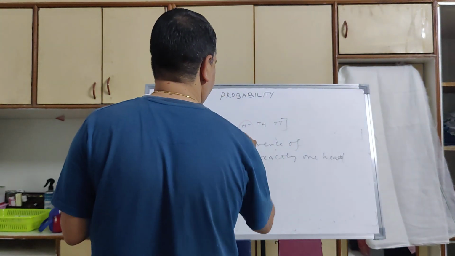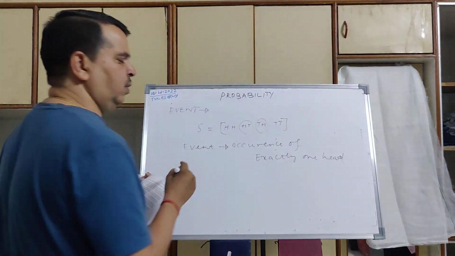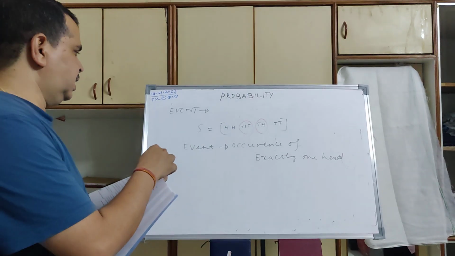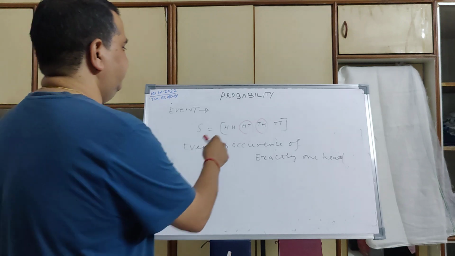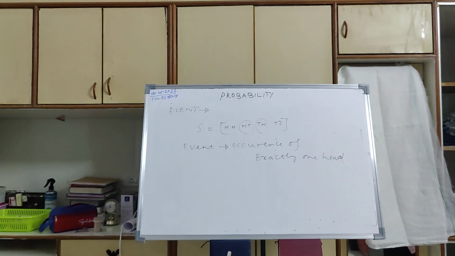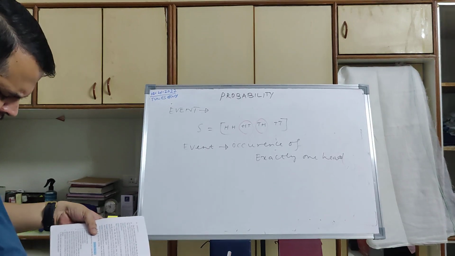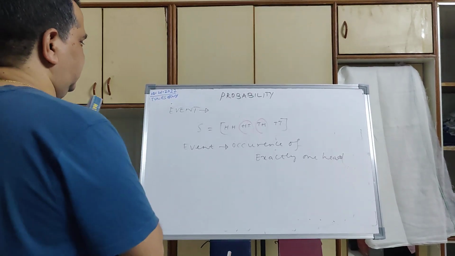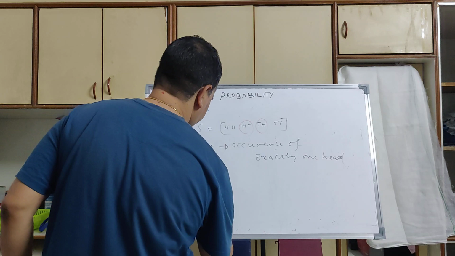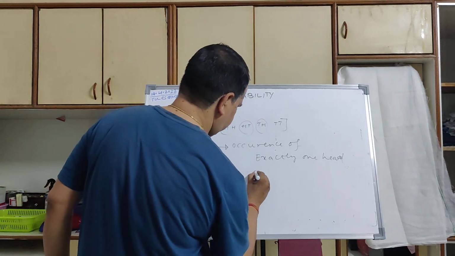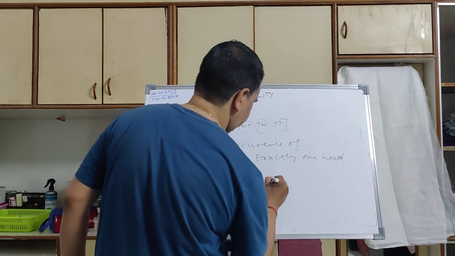This is one head, and this is also exactly one head. So there are two outcomes where you have exactly one head. Those two are otherwise called E. So here E is equal to HT and TH.